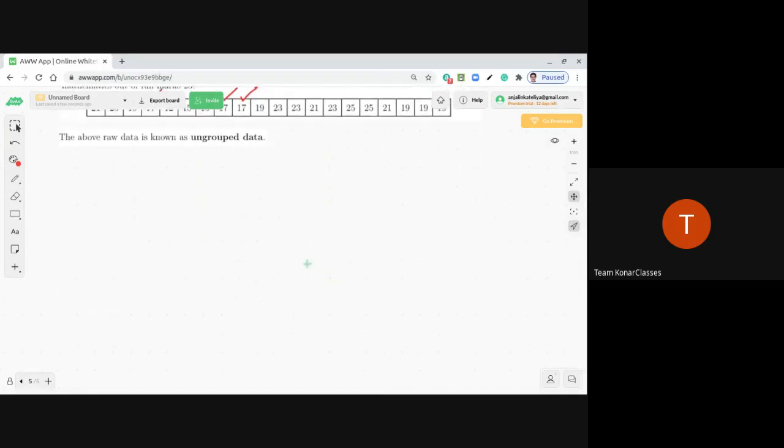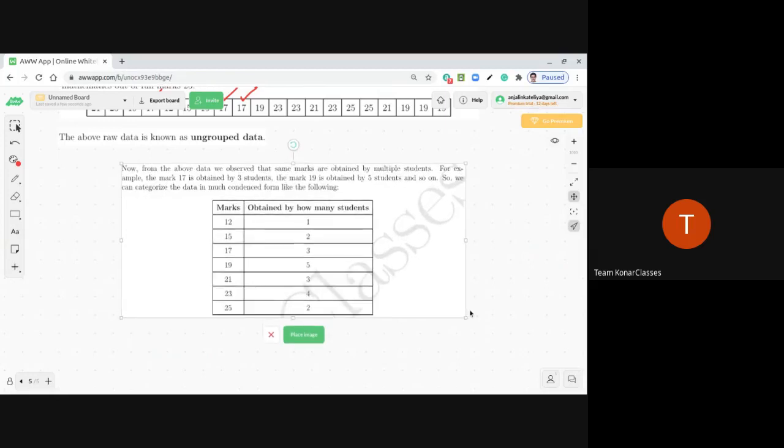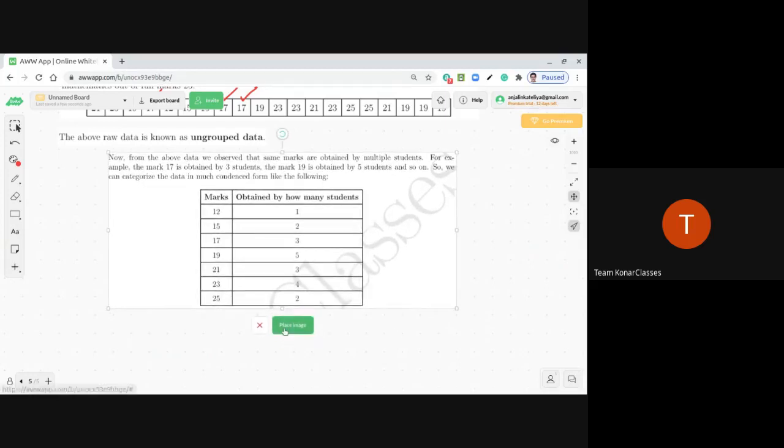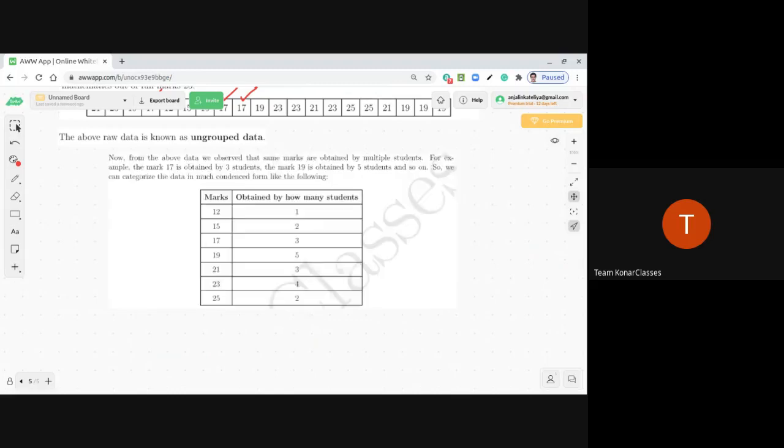Then you can clearly understand the significance of grouped and ungrouped data. You already understood the difference from my statement, but the representation will give you a feeling that it is very important to represent the data in a grouped manner.